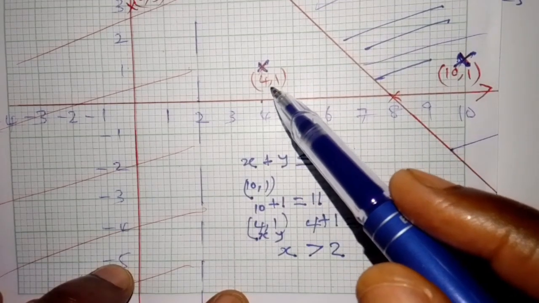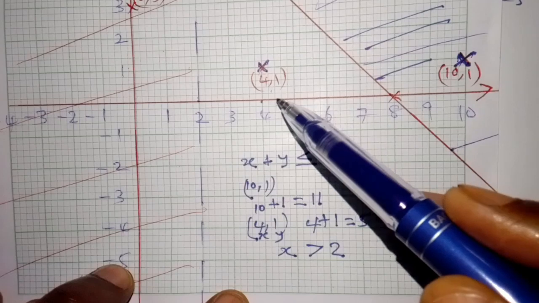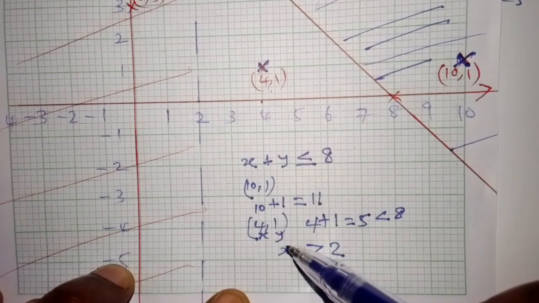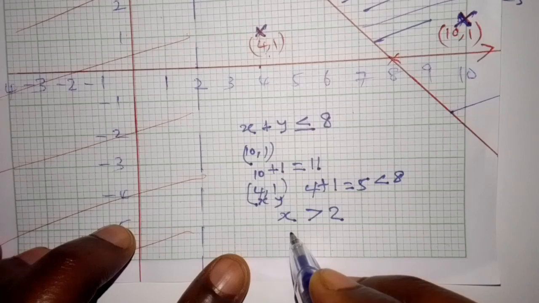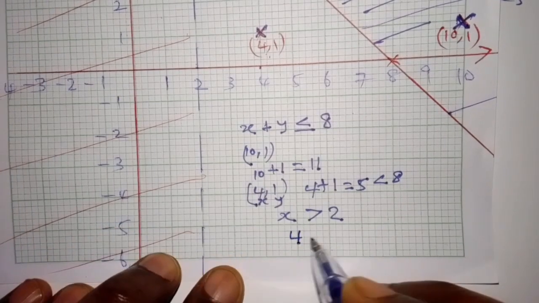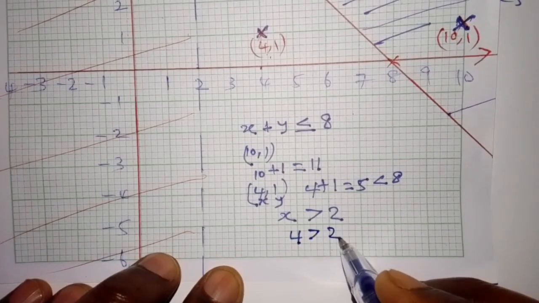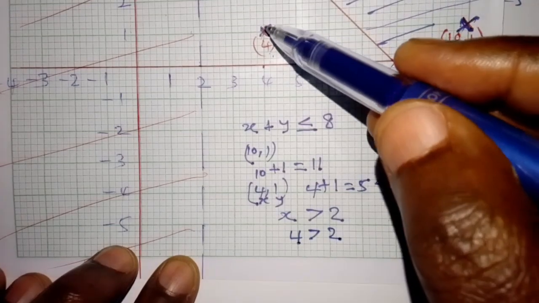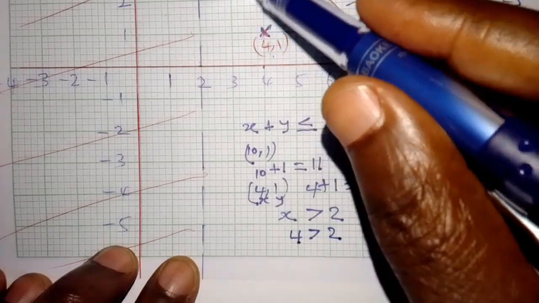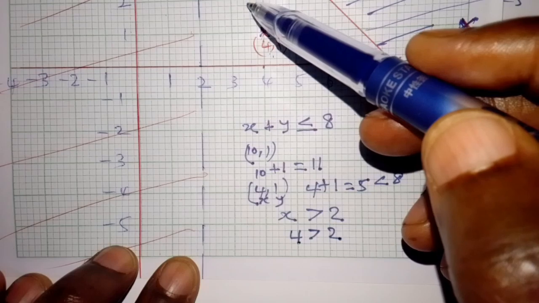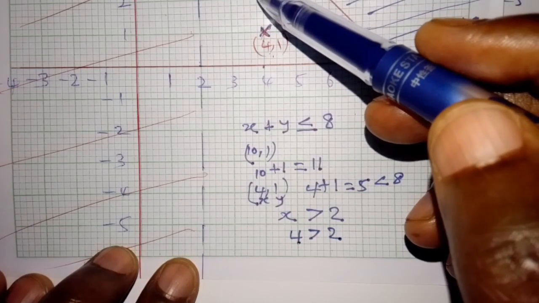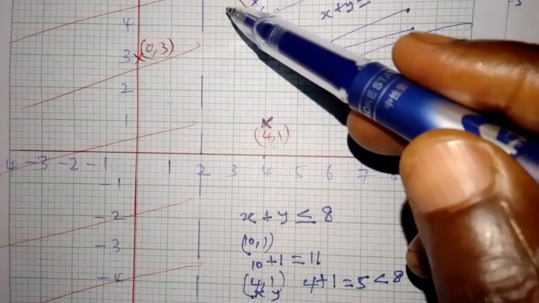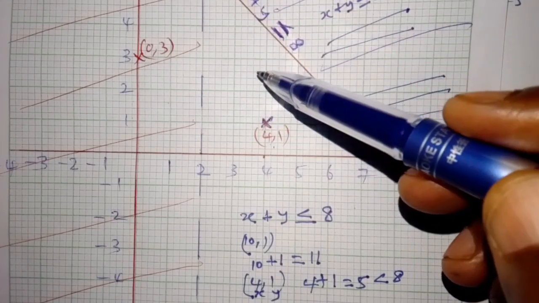Here x is 4. When x is 4, then 4 is greater than 2, which means that the point here is valid. Any other point within here is valid. So this area, this region, we're going to leave it unshaded.